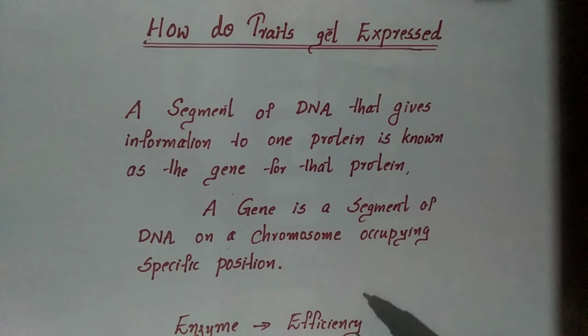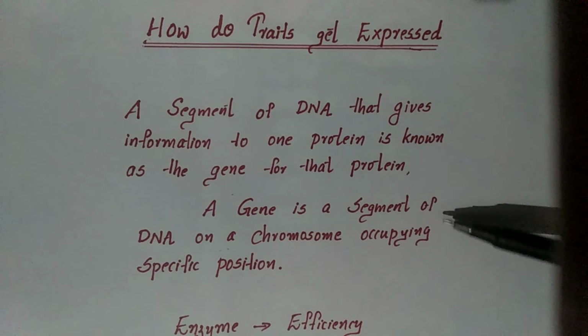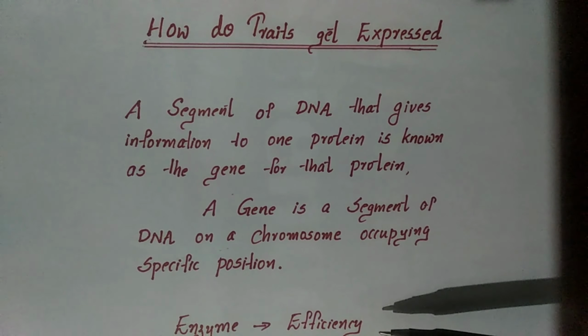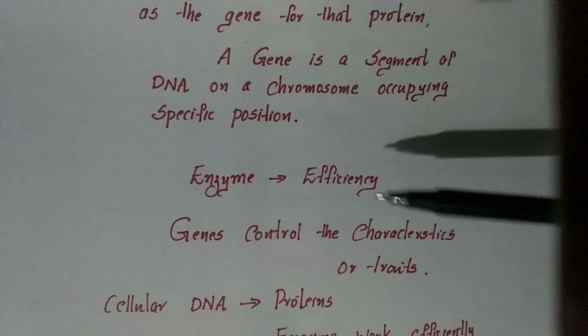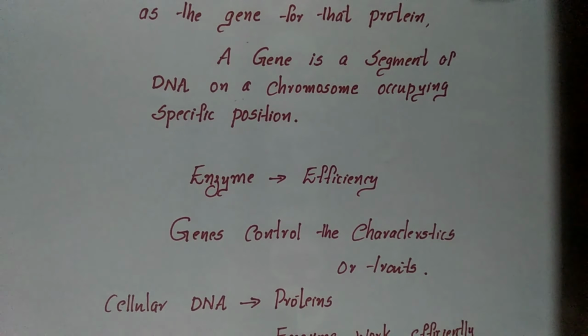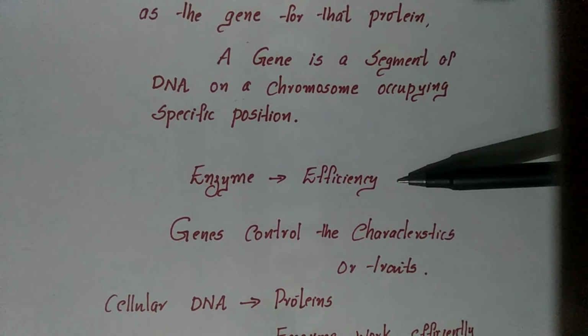So we can say that genes are controlling the characteristics of a trait and the genes will be more active when the protein meant for that particular trait is more active, thereby the enzyme efficiency. Enzymes, you know, are the chemical substances which will enhance the efficiency of any type of action.